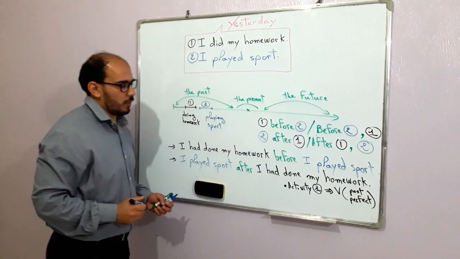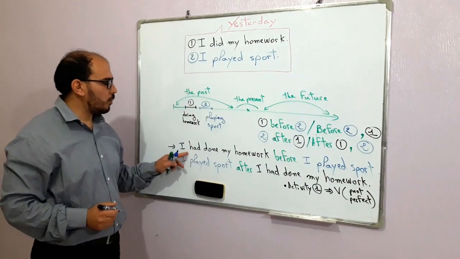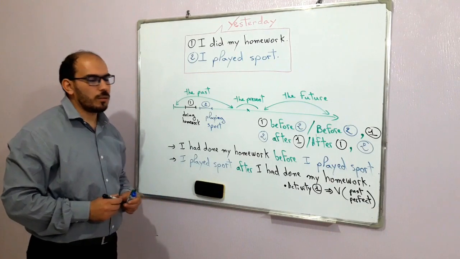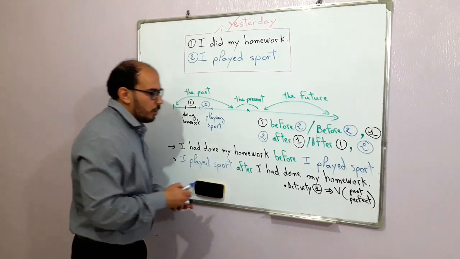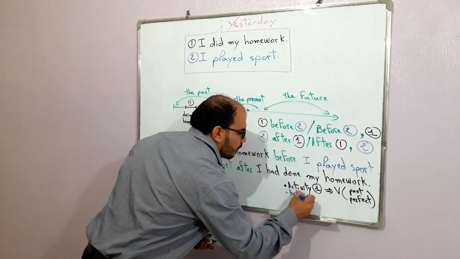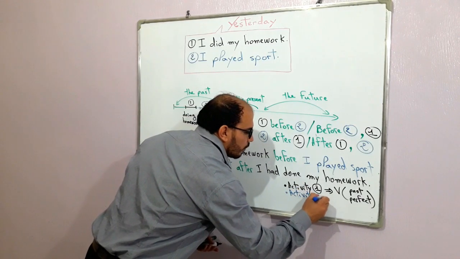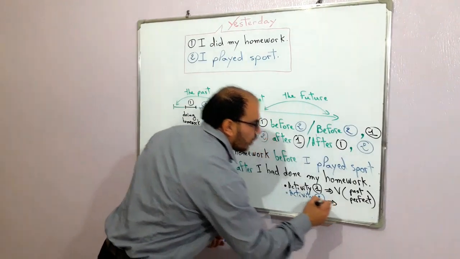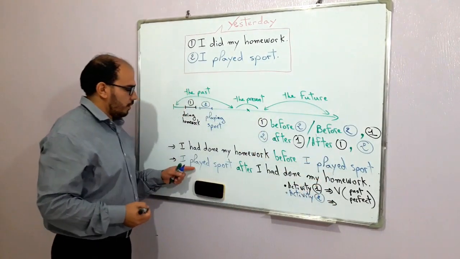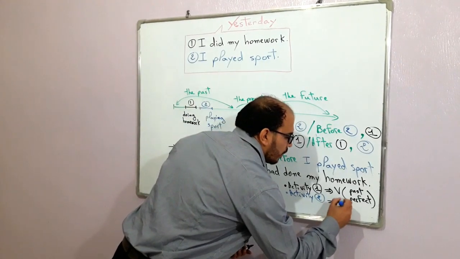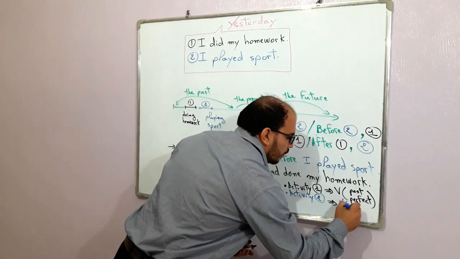Activity number one is all the time written in the past perfect. When we speak about activity number two, we have "I played sport", so the verb is written in past simple.